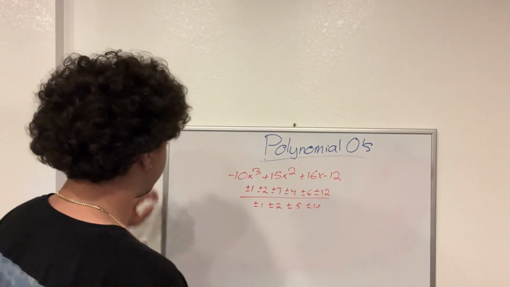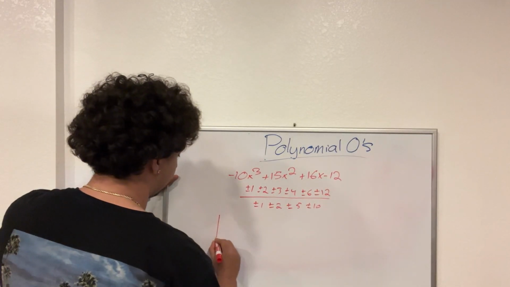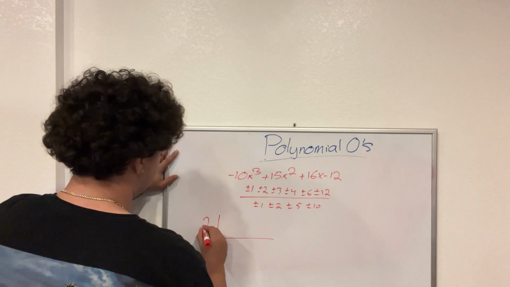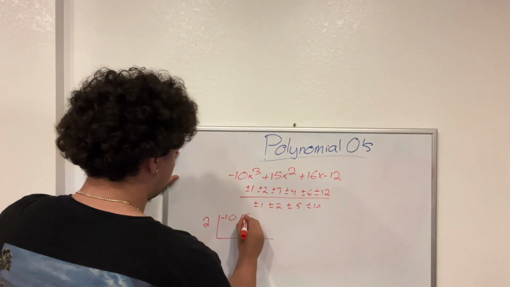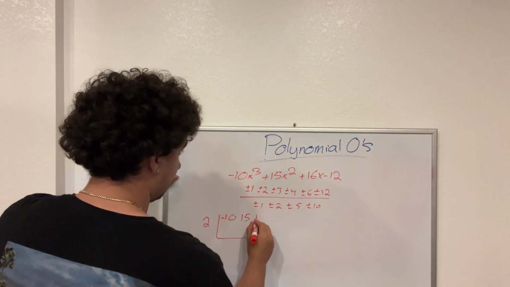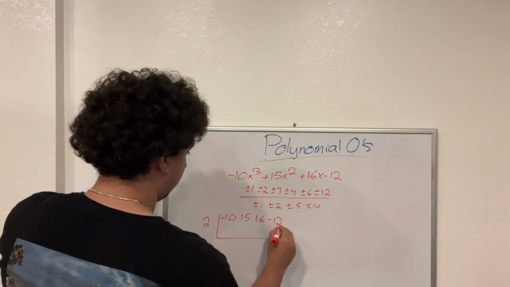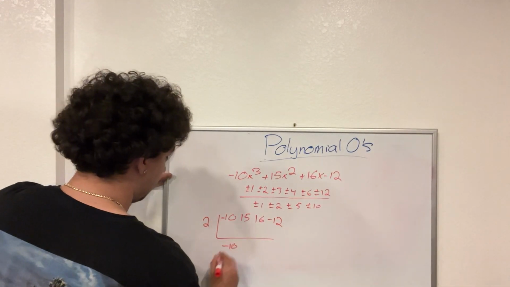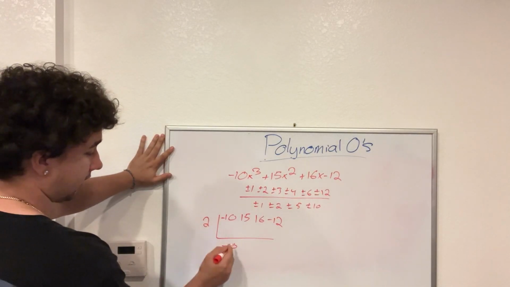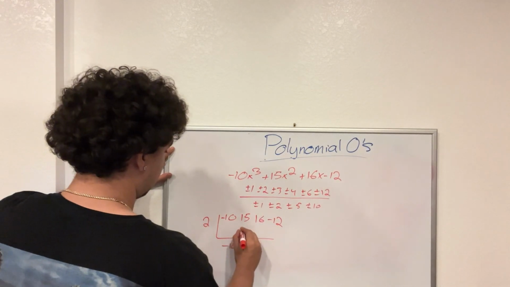Now, how would I check that? Well, I would do synthetic division. So I put 2 here, and then I put the coefficients of each of these terms: negative 10, 15, 16, and negative 12. For the first term, you just bring it down. Then you multiply the number on the outside by the term on the bottom, so negative 20.